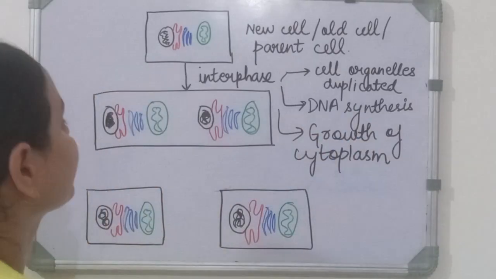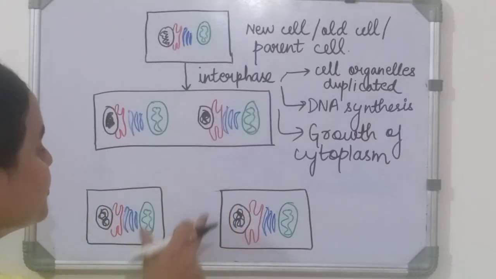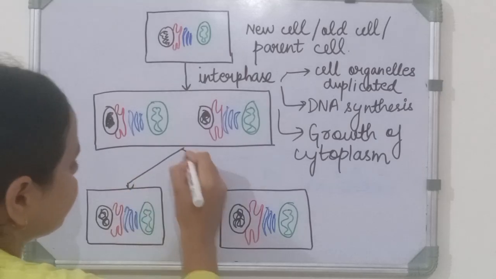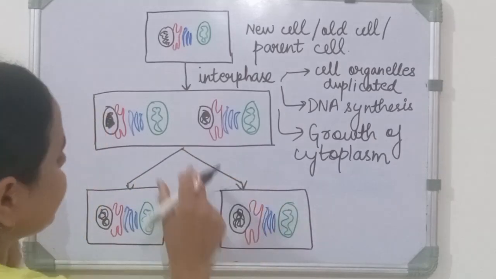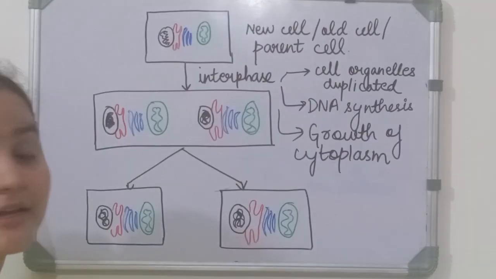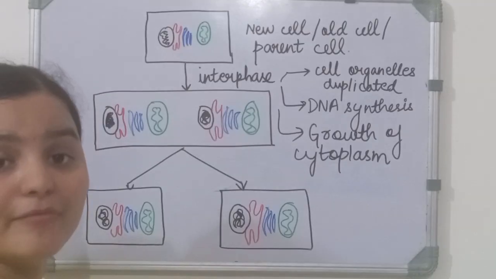Now, from interphase we can see that two new cells, meaning two daughter cells, are formed. And from here till here, this phase is actually the phase of cell division or mitosis or M phase.